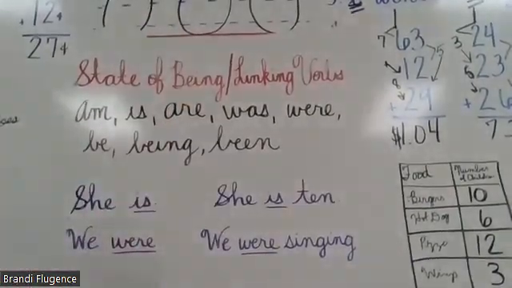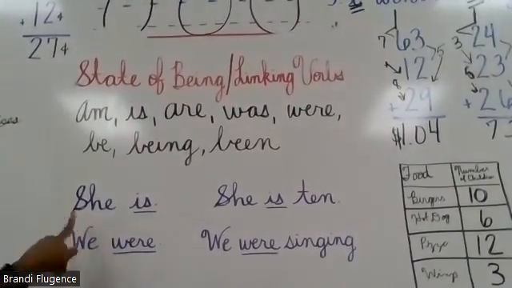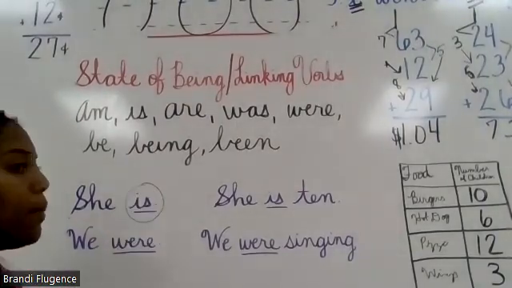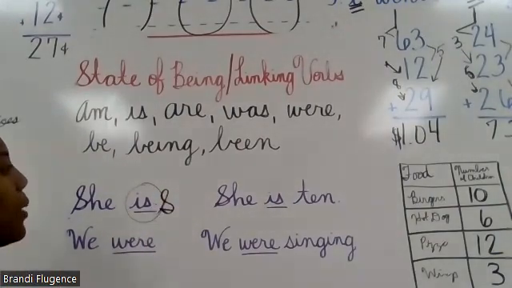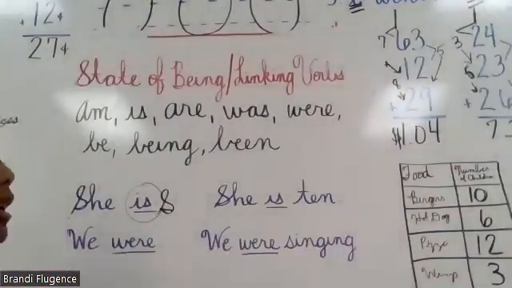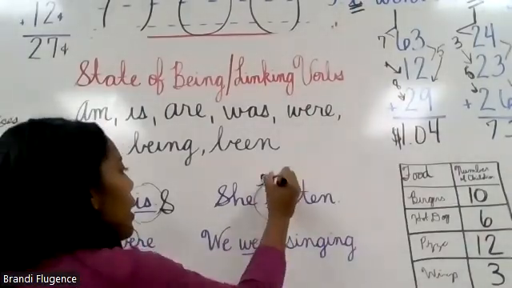Like I said, though, what makes them different is how we use it in a sentence. So look at it. She is. Is is our verb. What kind of verb will this be? State of being or linking? State of being. She's not doing anything. But when I say she is 10, is now turns into a linking verb.